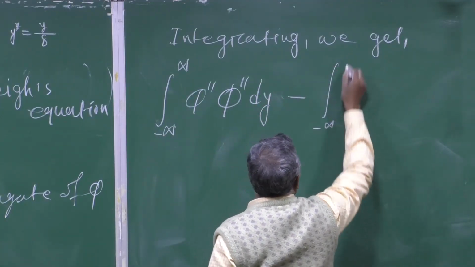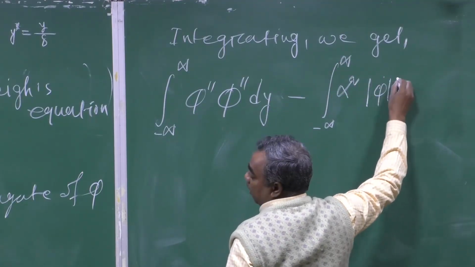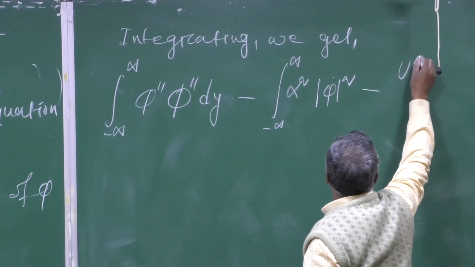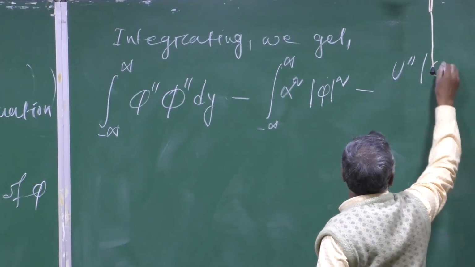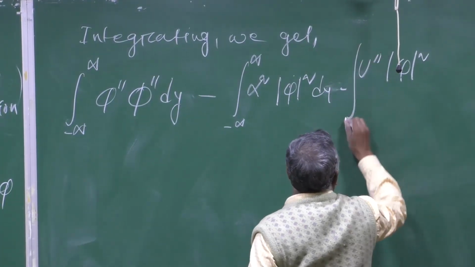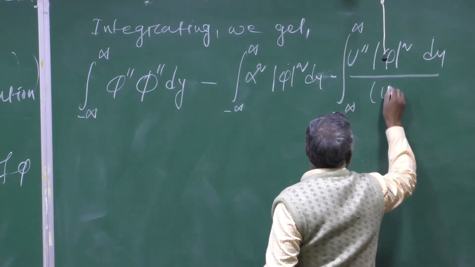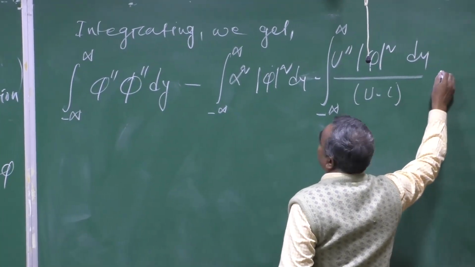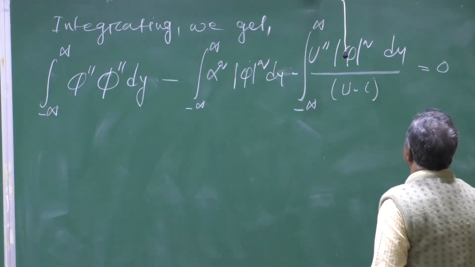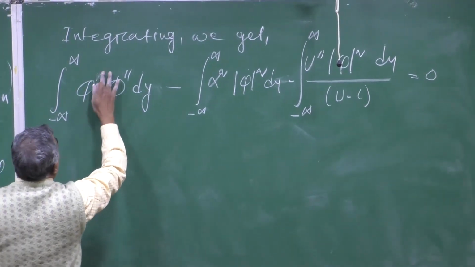Integrating, we get the integral from minus infinity to infinity of phi star phi double prime dy, minus alpha square phi square dy, minus the integral from minus infinity to infinity of u double prime phi square over u minus c dy, equal to 0. Sorry, it should be star.